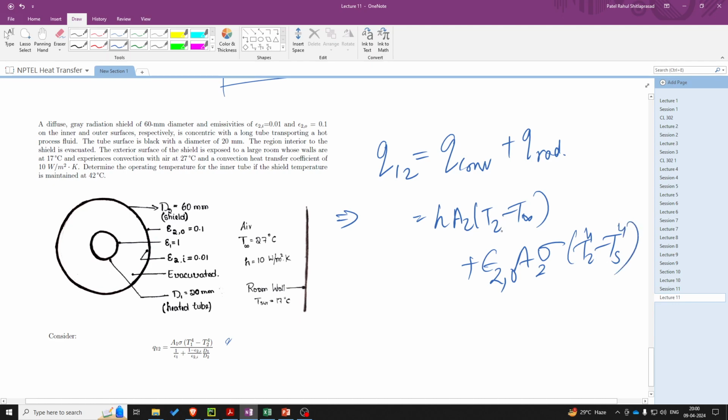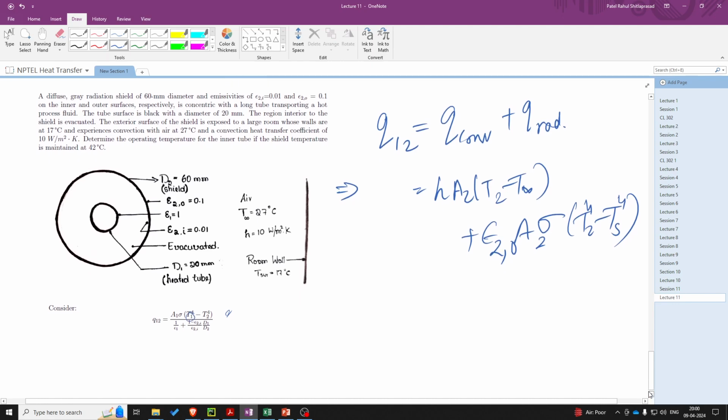Now we have been asked to find the value of the inner tube temperature, that is, we have been asked to find the value of this T1.